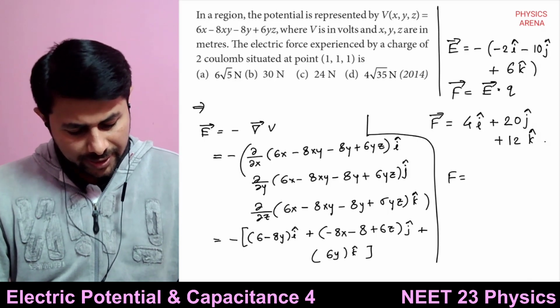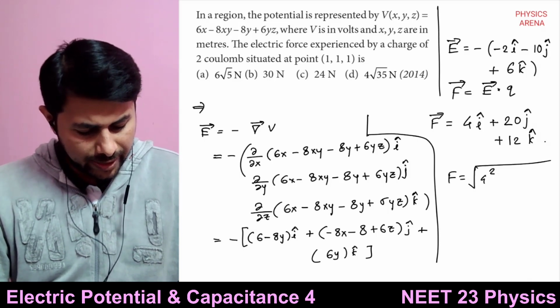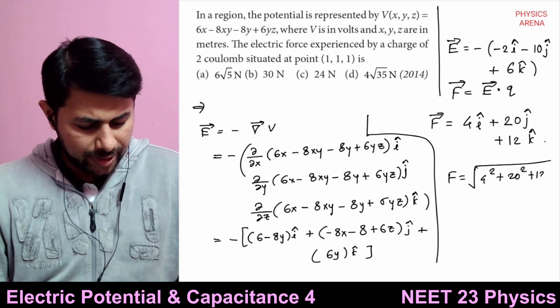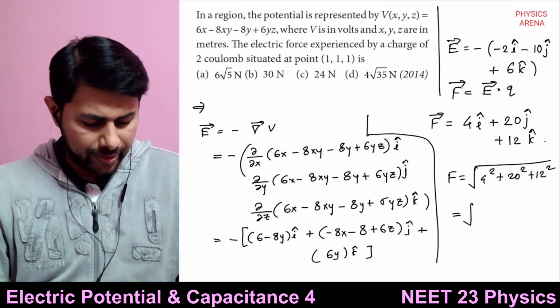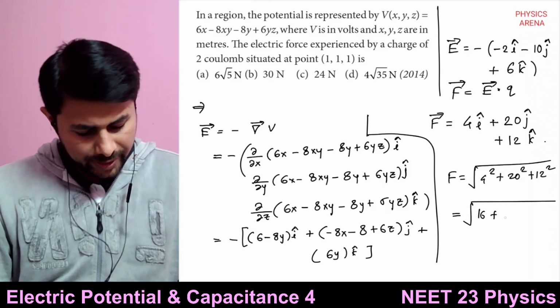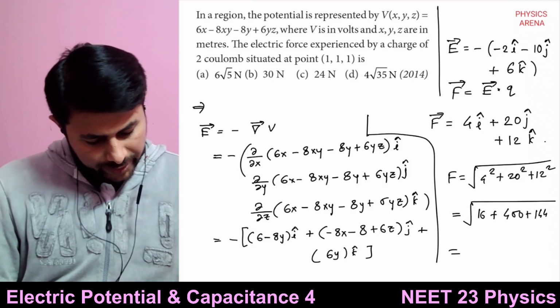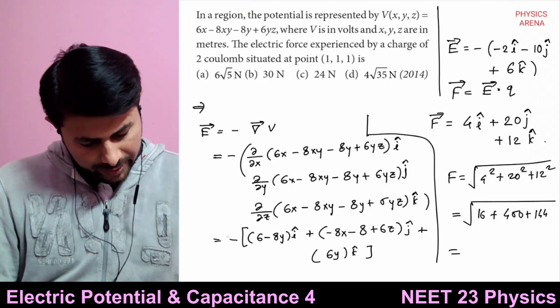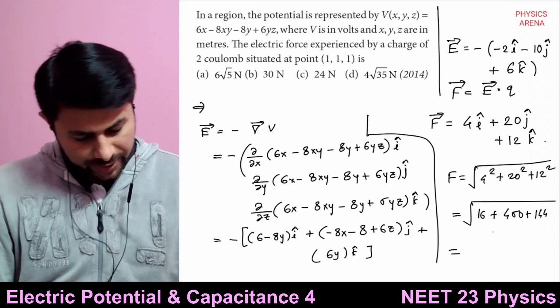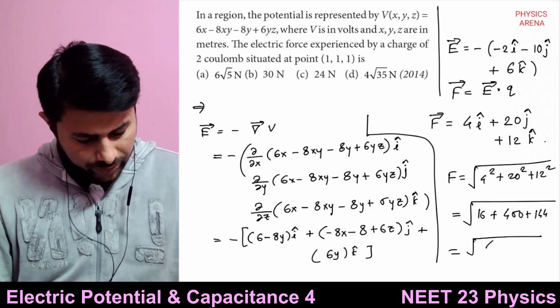And you want its magnitude, so it is the square root of 4 squared plus 20 squared plus 12 squared. So that is 16 plus 400 plus 144, which is 460. Square root of 460.